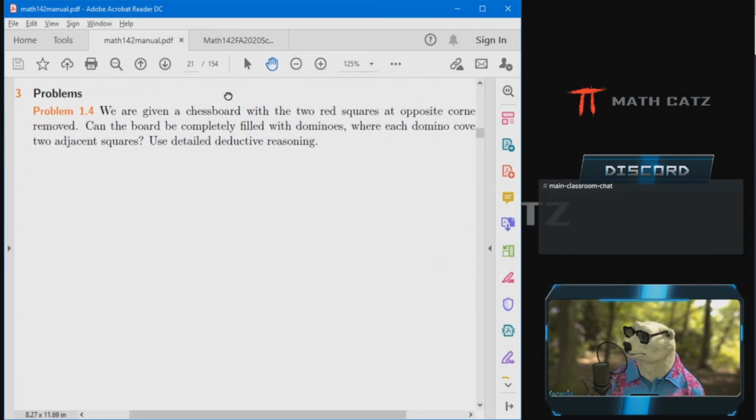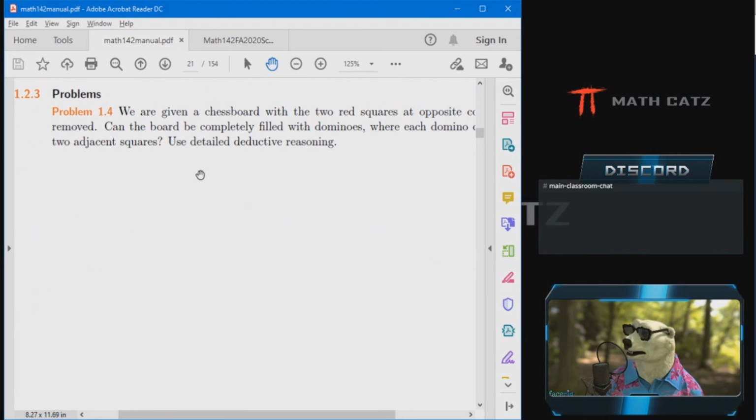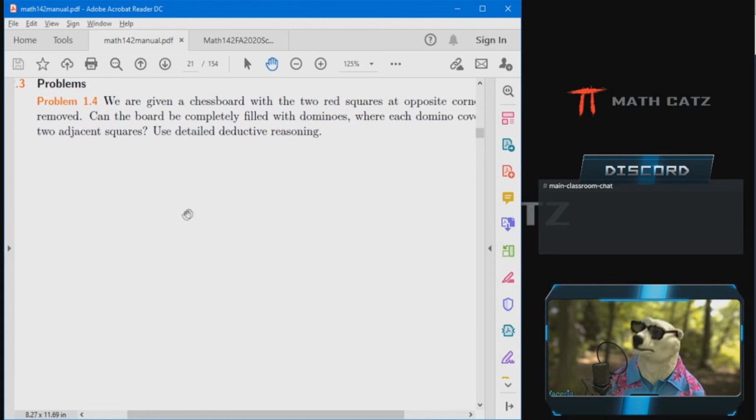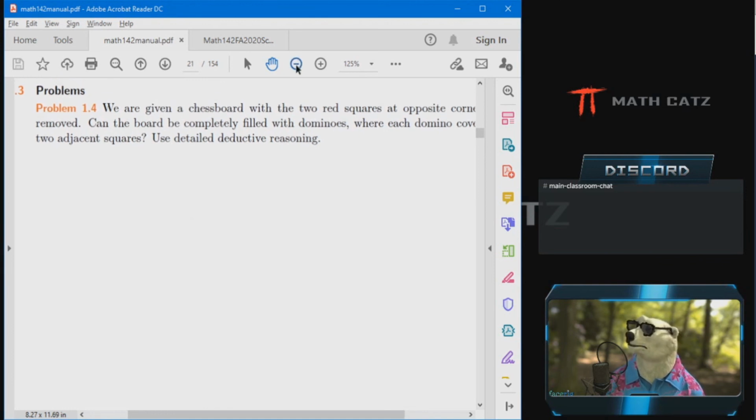You're welcome to look at problem 1.4, but it's certainly not a test question. It's just something that I have. It's very similar to our checkerboard problem. Look at it, ignore it completely. This is still very much a part of our introduction.